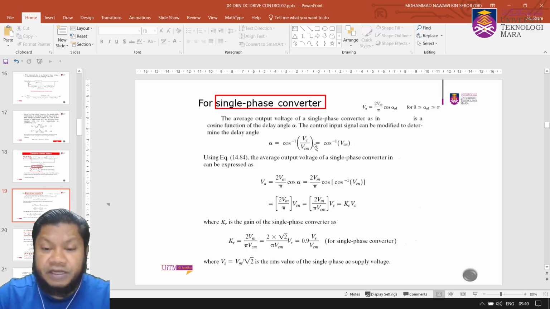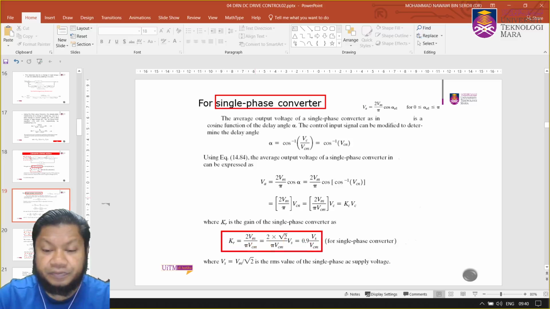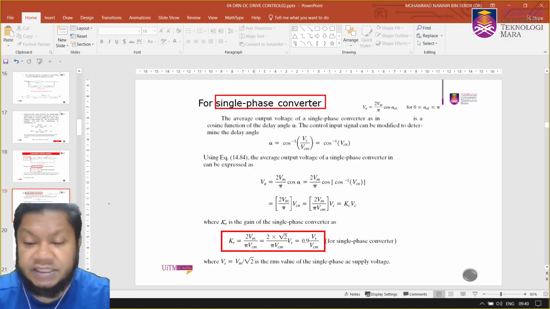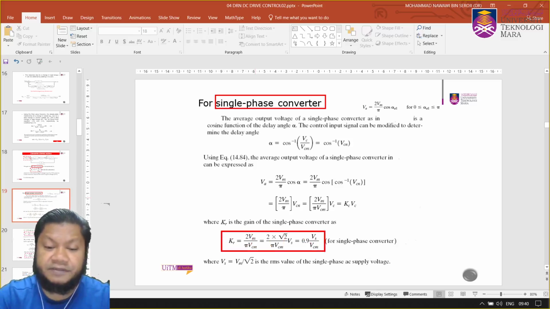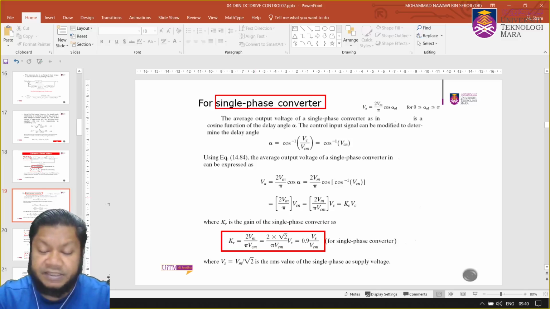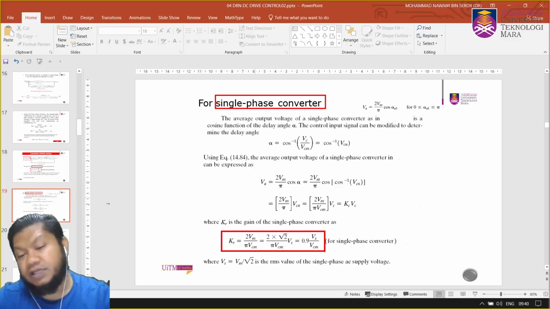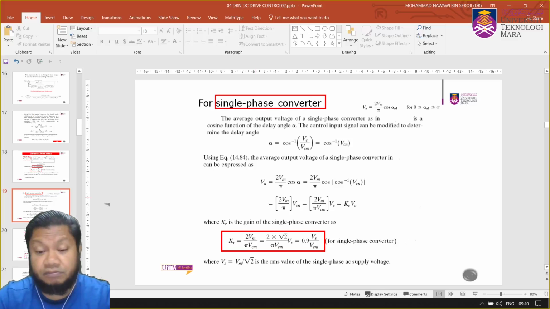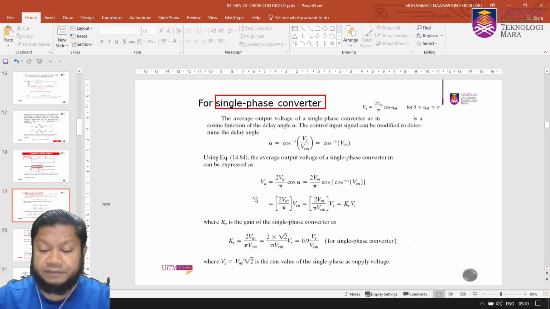So from that equation, just follow this, and finally you find that KR equals 0.9 multiplied by Vs, the supply RMS voltage, divided by VCM, the maximum control signal. Here we have 15 volt, 10 volt, 15 volt, right? So that defines KR for the single phase converter.